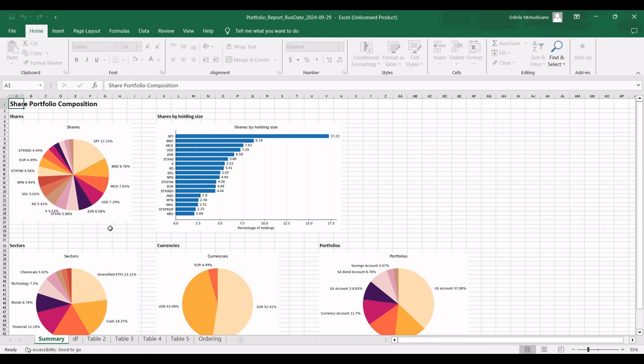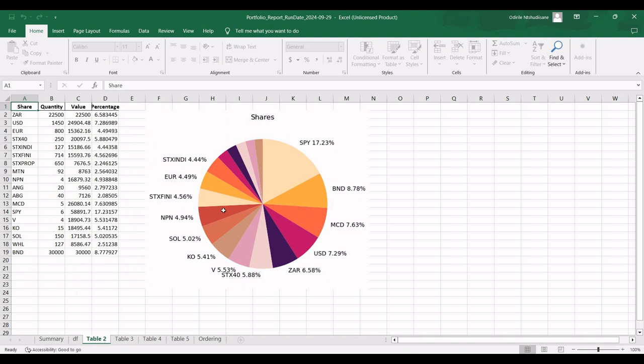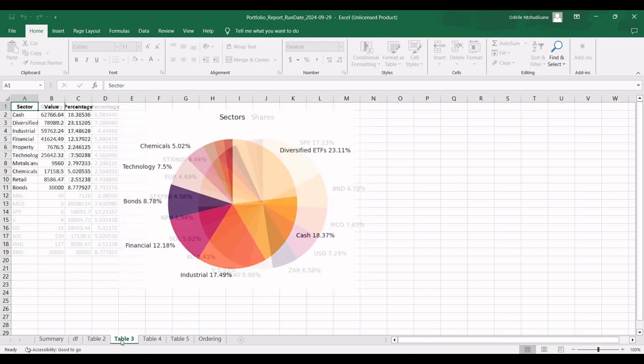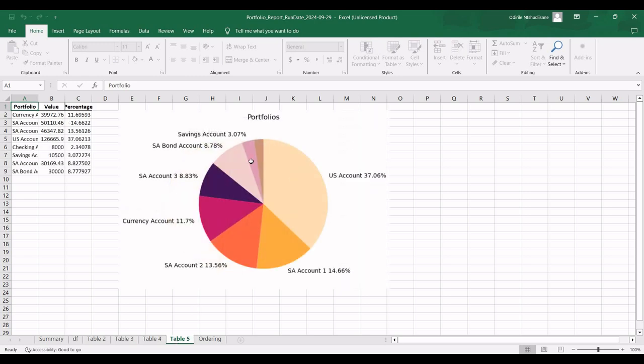This report included a summary tab as well as the filled in data frame. So the original data frame with the prices and value filled in, as well as table 2, which was the shares breakdown, table 3 was the sectors breakdown, 4 was the currencies breakdown, and table 5 was the portfolios breakdown or the accounts breakdown.